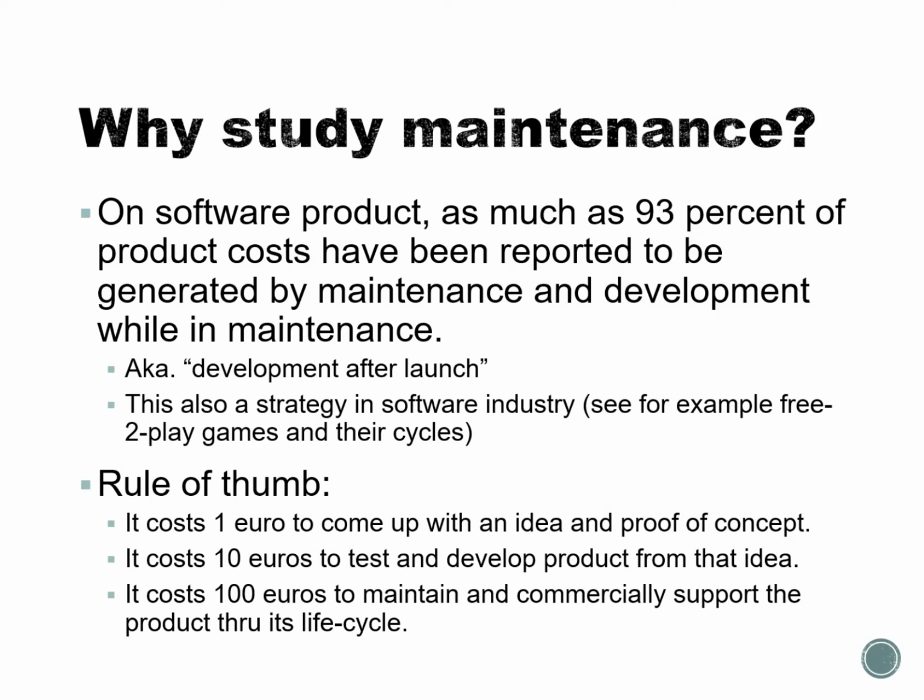So there's a rule of thumb here, which of course isn't true on everything, but it gives you an idea of the scales of the costs, especially if you are interested in running a software company or thinking about launching a game or application. How much effort and money you have to use.